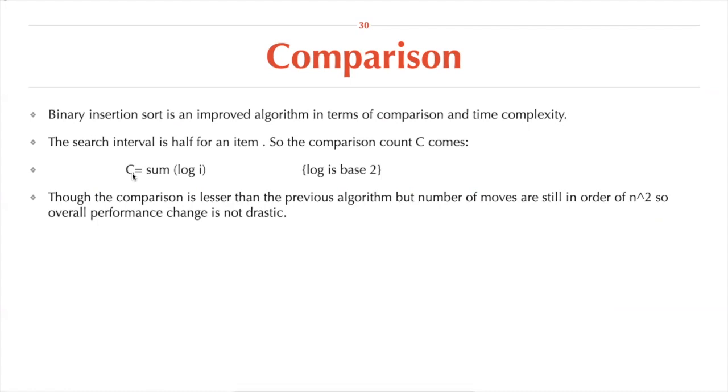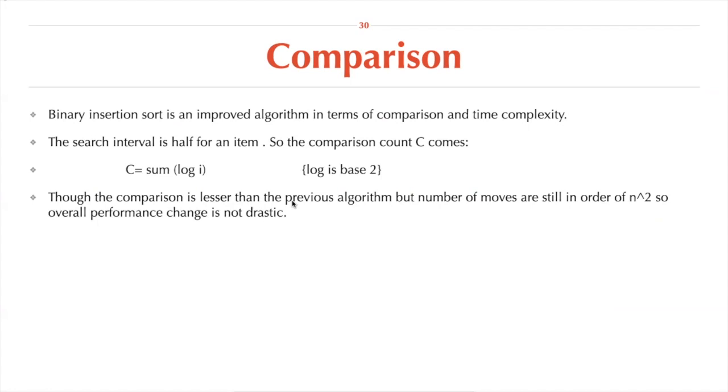The comparisons are lesser than in the previous algorithm, but the number of moves is still in the order of n square, because the moves are again the same, we have to do them. Not exactly the same, it is also lesser, but it comes again in the order of n square. So we cannot say that there is a drastic change in overall performance.